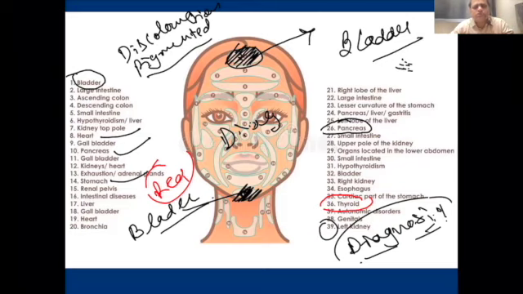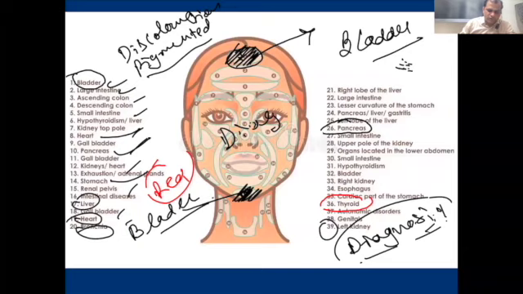If you know just these 30-40 points on the face, you can treat all the problems happening nowadays. If you go through all these numbers and all the problems, most persons suffer with these problems only. Someone is suffering with bronchitis, someone with a heart disorder, someone with a liver disorder, someone with a stomach disorder, kidney problems, and like that.